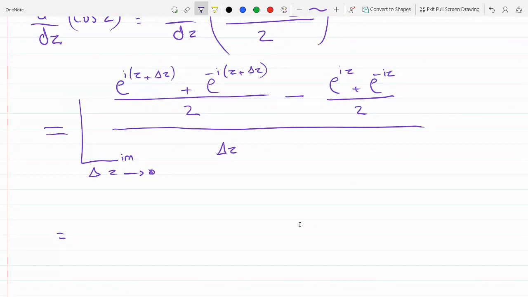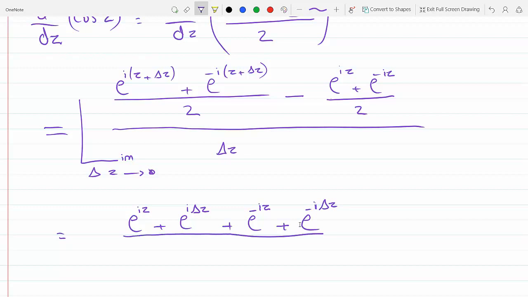Okay, so let's split this first one up. So e to the iz times e to the I delta z, plus e to the minus iz times e to the minus I delta z, over 2. I'll leave the half out. So minus, and then we'll FOIL this.